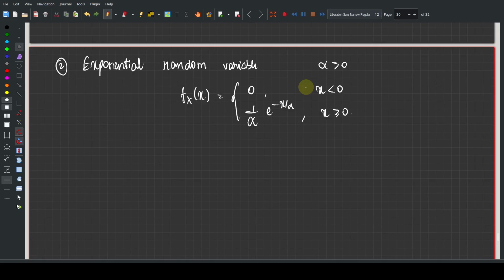Or if you want to look at a zero mean random variable, I can look at the symmetrized version. This is called the Laplacian random variable. So it is 1 by 2 alpha e to the minus absolute value of x divided by alpha for all x in the reals.